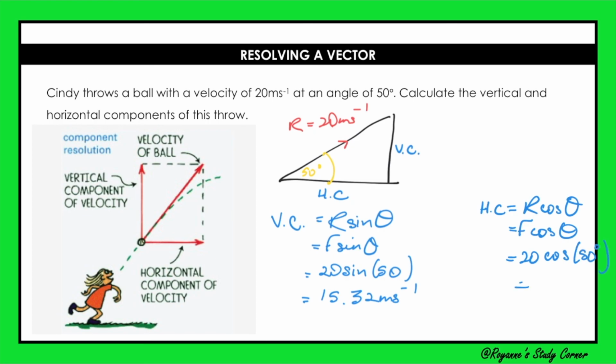Let me plug this into my trusty calculator and see what it gives me. It gives me 12.86 meters per second, which means that the horizontal component, or the horizontal vector which would have created this resultant, is 12.86 meters per second.